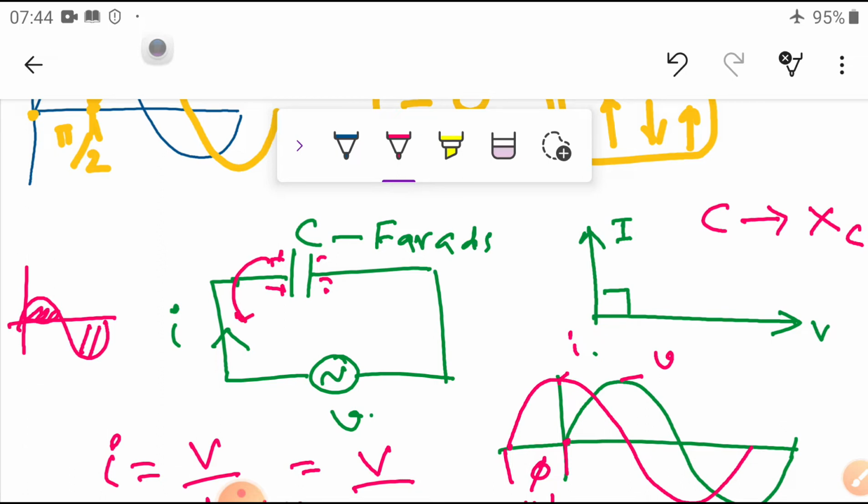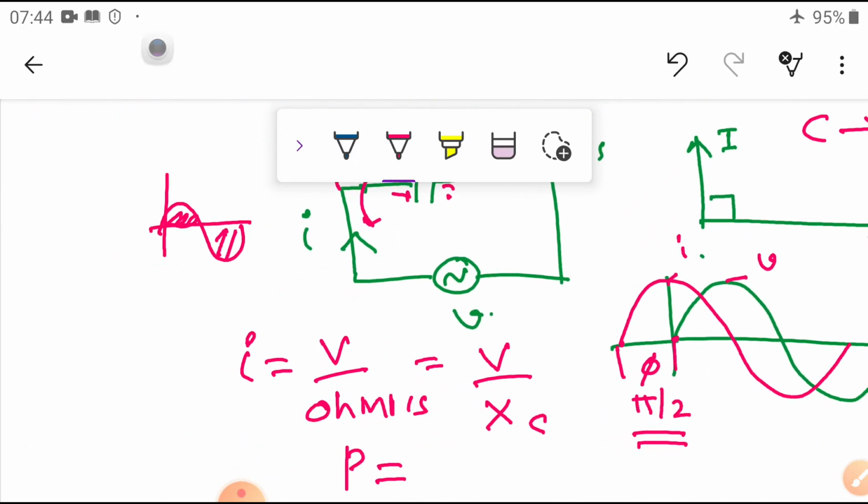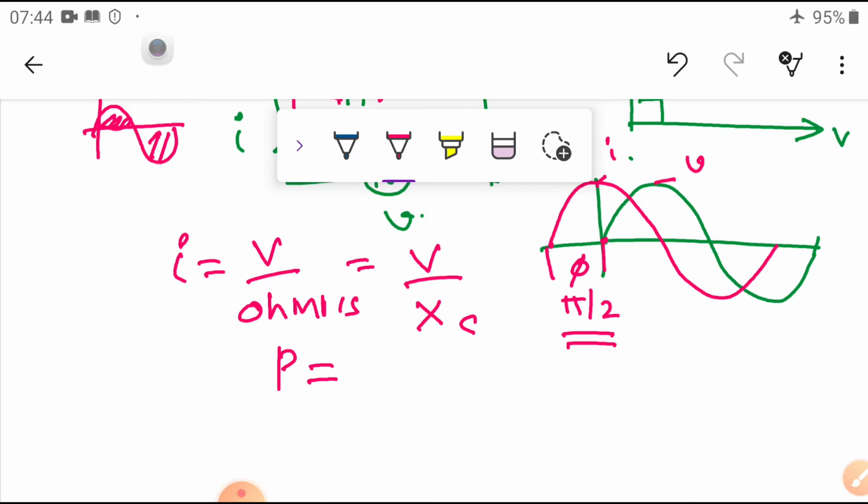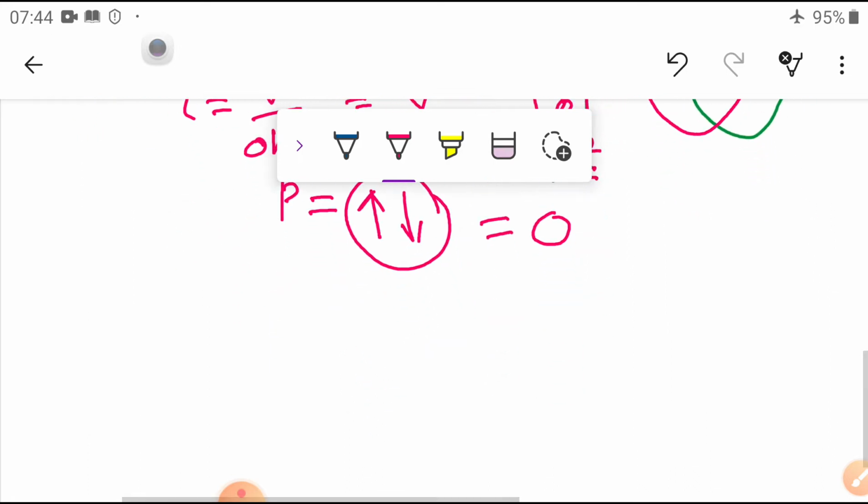During the positive cycle it stores energy in the form of an electrostatic field, and during the negative cycle it gives it to the line. Then what is the average power consumed by our capacitor? P is equal to, now what is that? During the positive cycle it will take, and during the negative cycle it will give. Then what is the average of this value? It becomes 0.